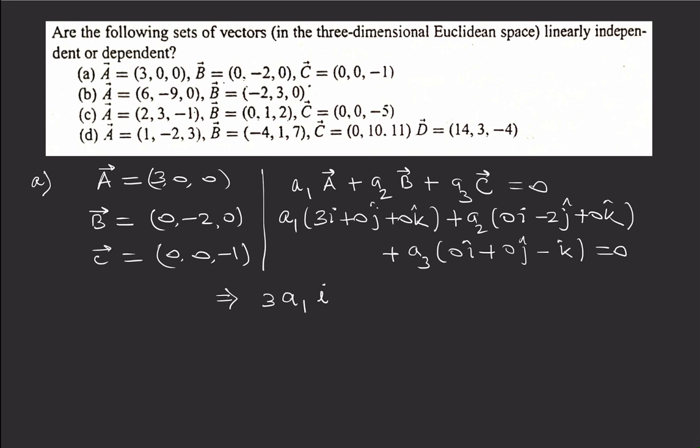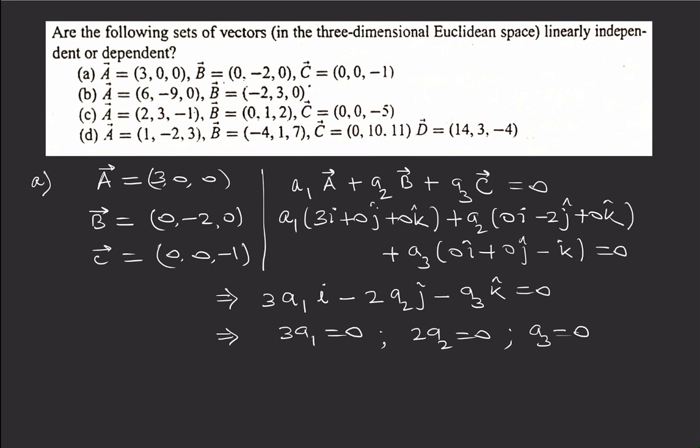3A1 i minus 2A2 j minus A3 k is equal to 0. So, which leads to 3A1 is equal to 0, 2A2 is equal to 0, and A3 is equal to 0.